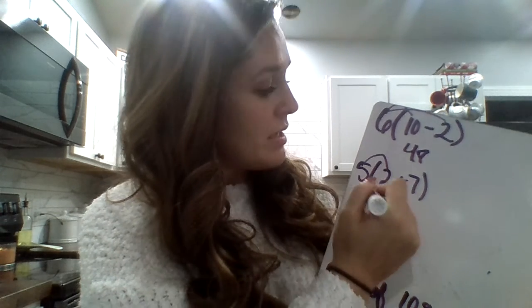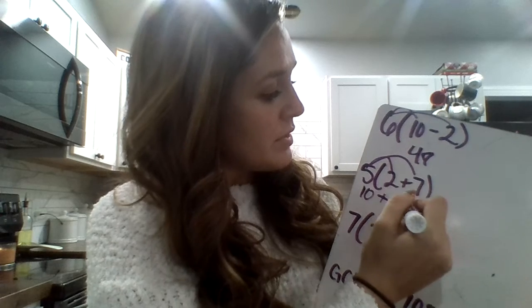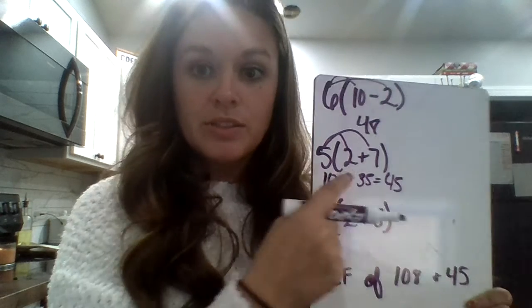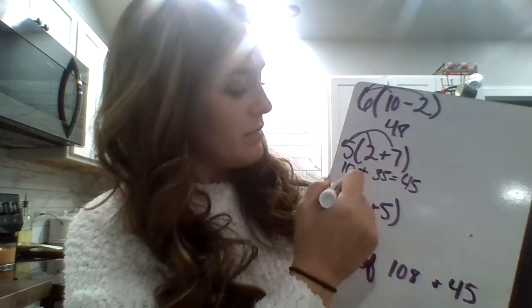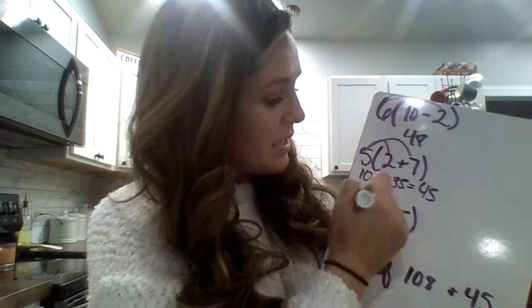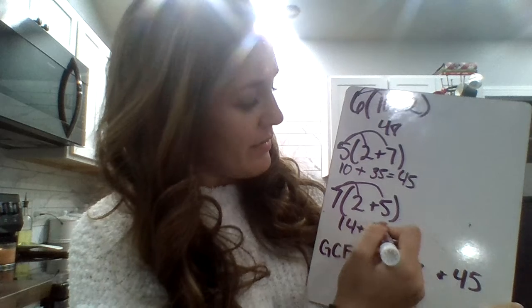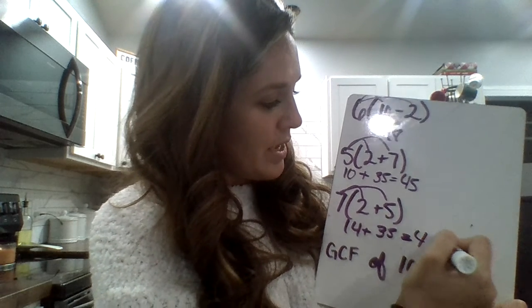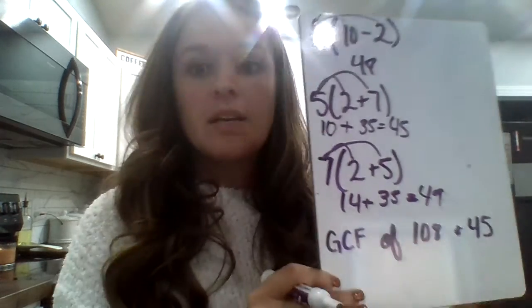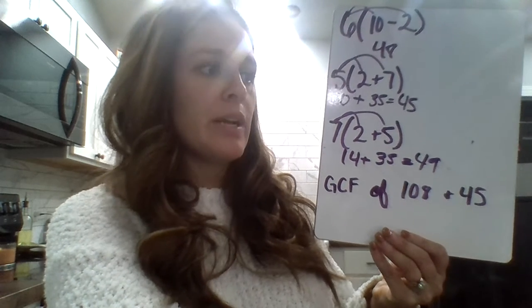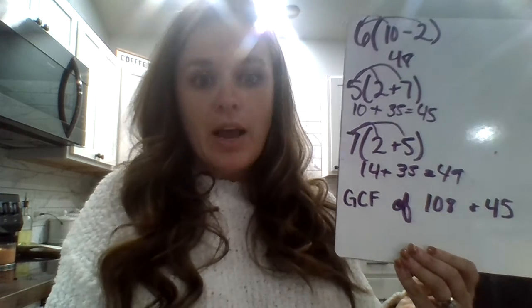So this would be 10 plus 35 equals 45. So the answer to that one is 45. 2 times 7 is 14 plus 7 times 5 is 35 equals 49.